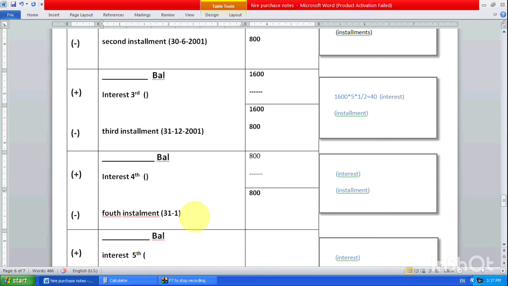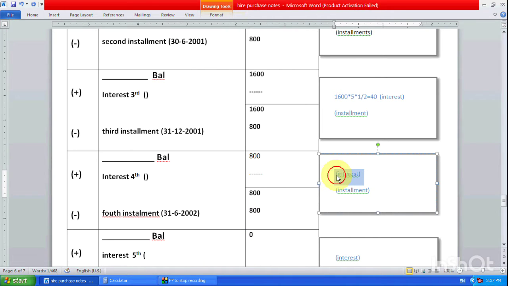Write the date 30 June 2002. By mistake I have written 31st December. No problem, I'll remove it later.